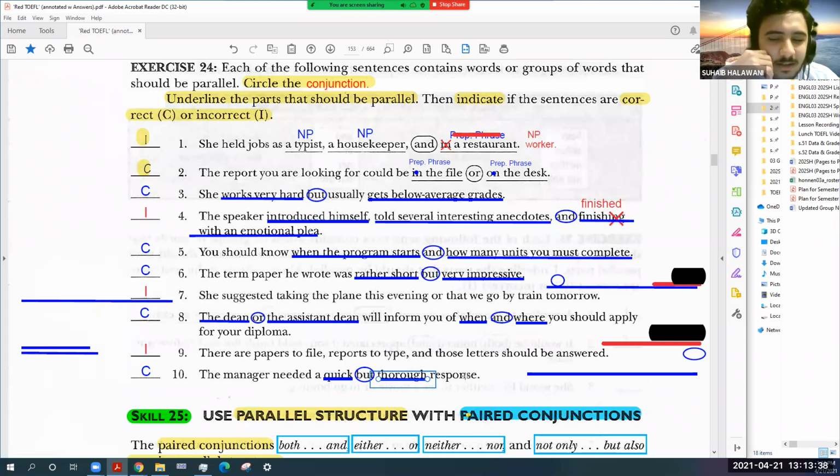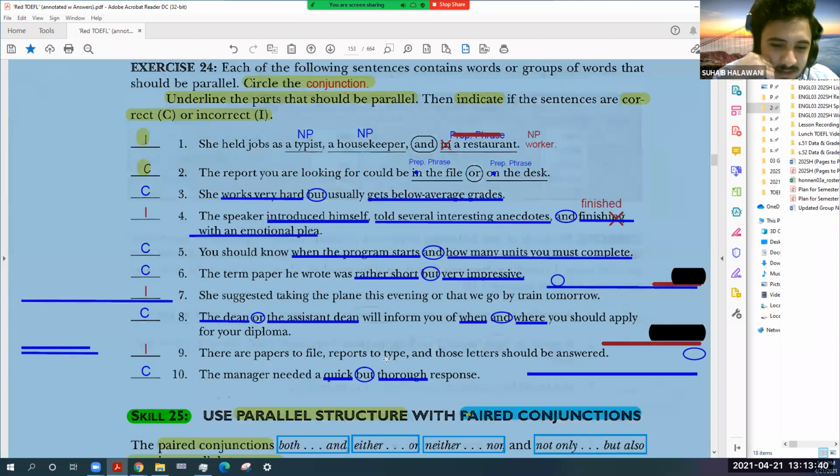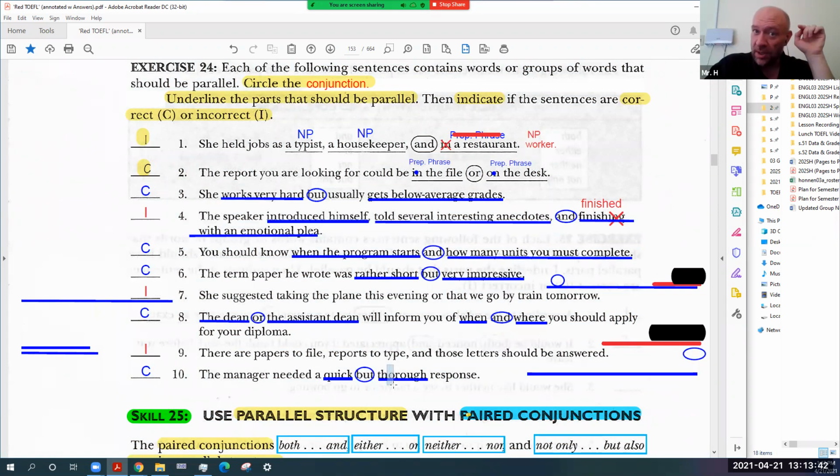You see, there's an O. When you put the O here, thorough is an adjective. Thorough means complete. Or the adverb, thoroughly, means completely.